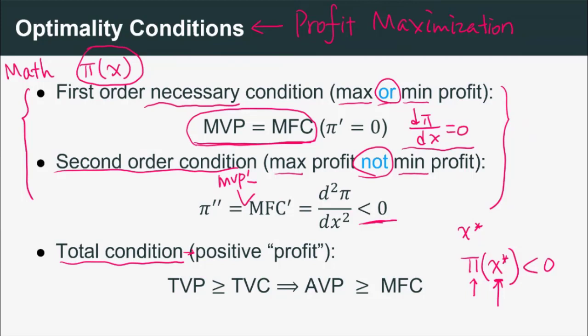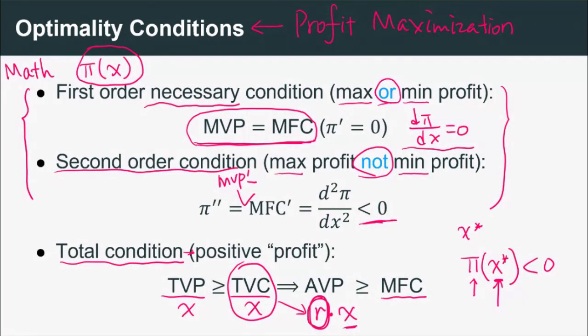So why is this? TVP over X is your AVP, and TVC over X is generally MFC, if you assume the total variable cost is equal to the price of the input times the quantity of the input used, then this input price will equal your MFC.